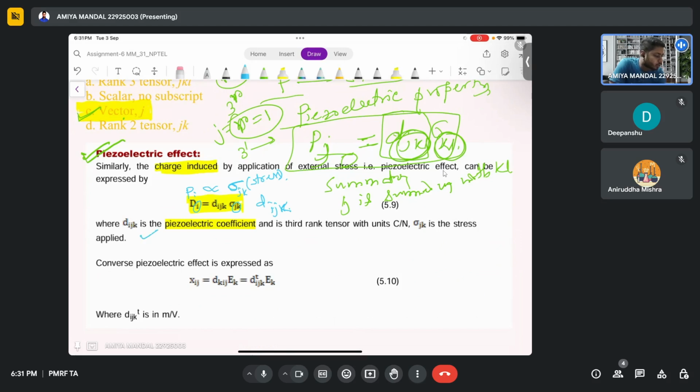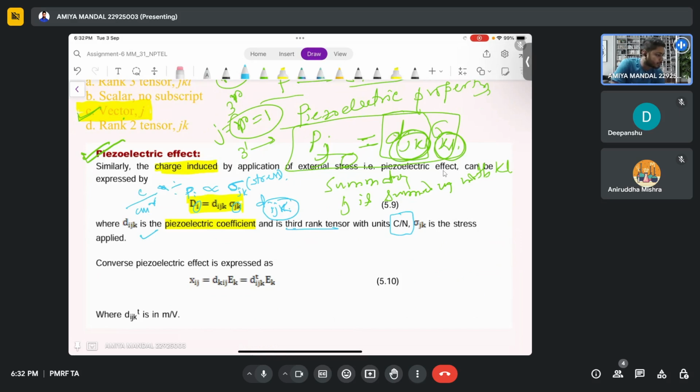This is the piezoelectric coefficient. This is a third rank tensor, on the basis of three. Its unit is Coulomb per Newton, meaning Coulomb per centimeter square divided by sigma.